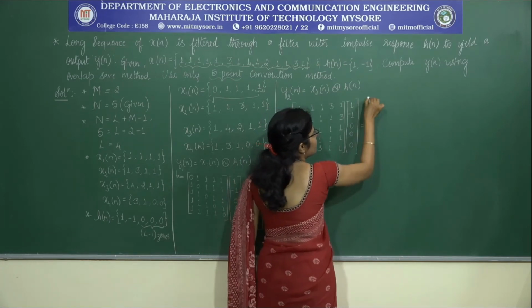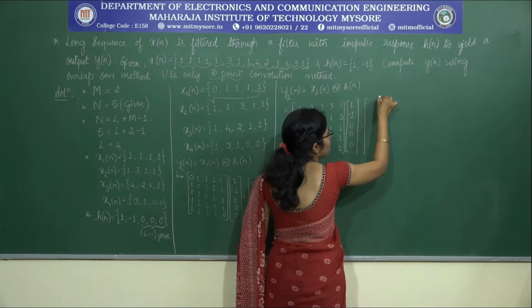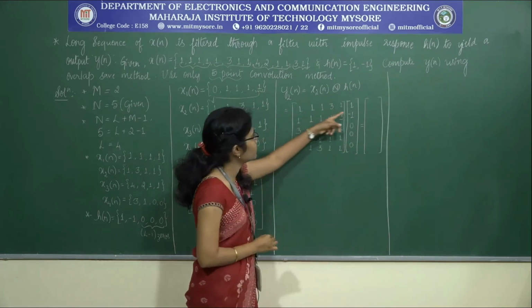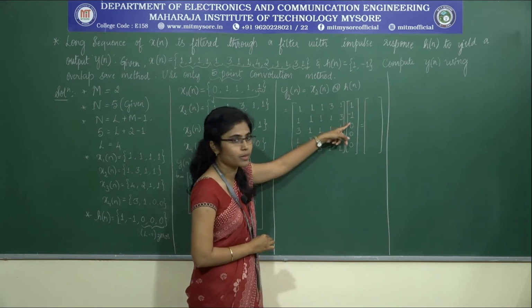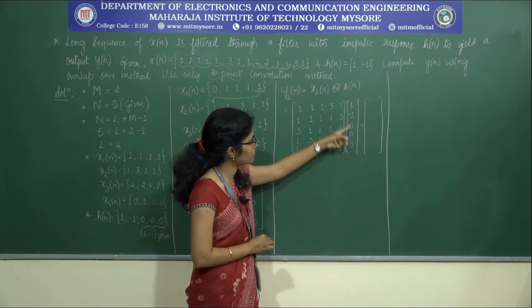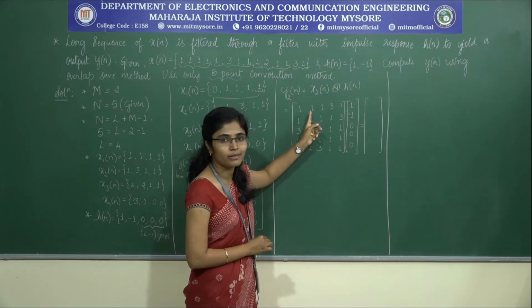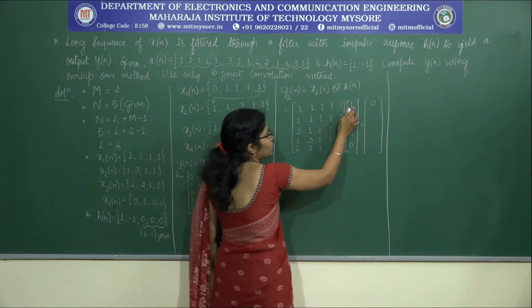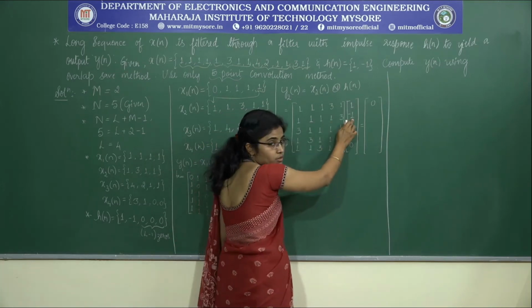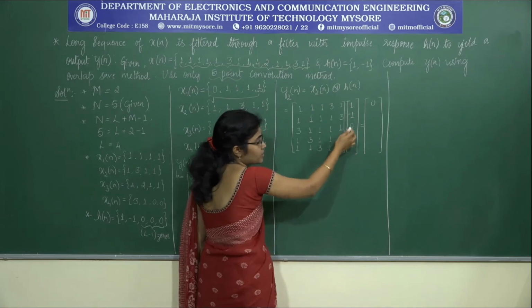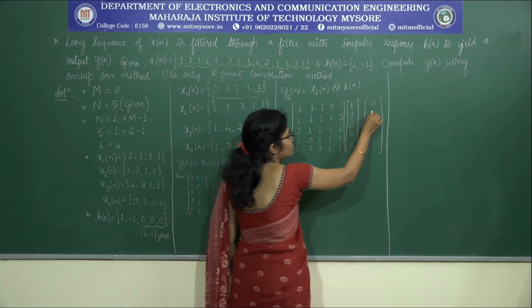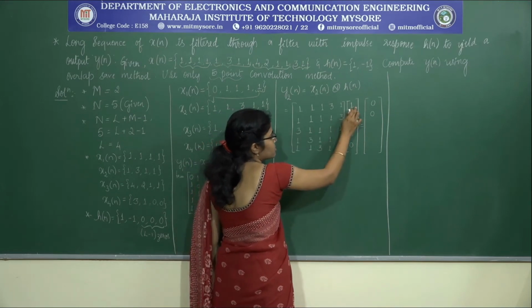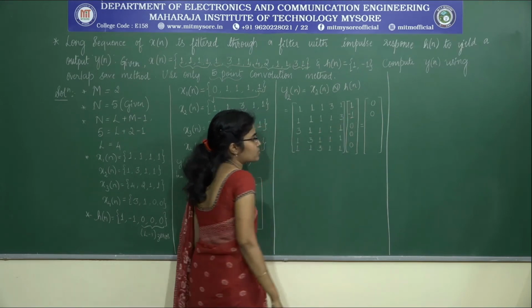Again if we perform matrix multiplication, what are we going to get? So 1 into 1 is 1, 1 into minus 1 is minus 1, 1 into 0 is 0, rest of the element tends to 0. So we get only 1 minus 1, which is nothing but 0. Again 1 into 1 is 1, 1 into minus 1 is minus 1, rest of the elements will be 0. So 1 minus 1 is again 0. Again the next row with the column is 3 into 1 is 3, 1 into minus 1 is minus 1.